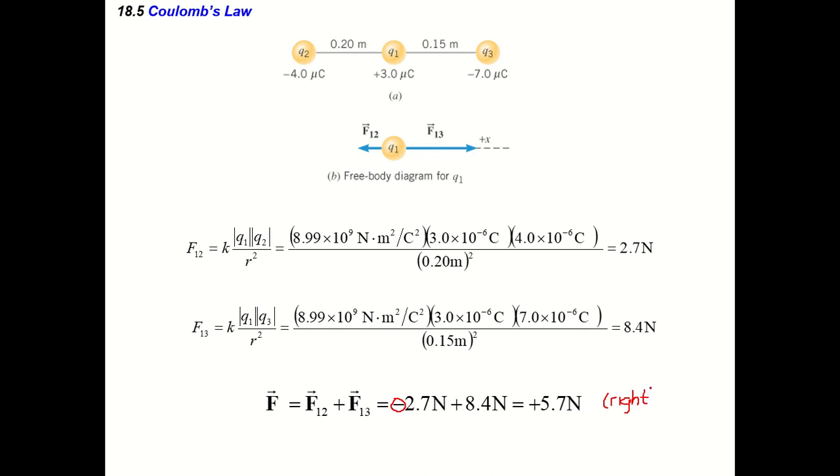So you indicate the direction, it's going to the right, or you just say plus 5.7 newtons, and then you may put something like this, an arrow going to the right.